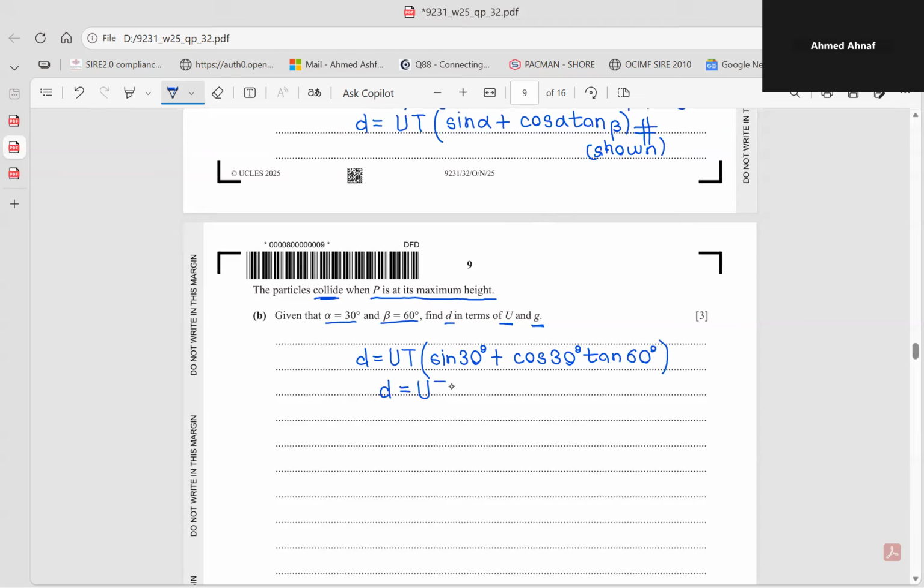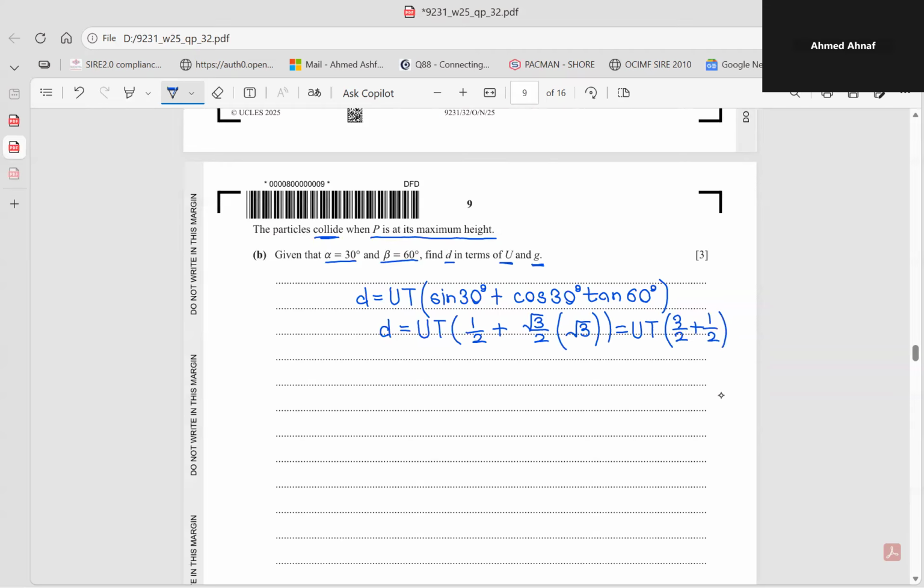So sine 30 is half, cos 30 is square root 3 over 2, tangent 60 is just square root 3. Okay, so simplifying all that, you get UT, 3 over 2 plus half, that's 4 over 2. So you get D equals 2UT.